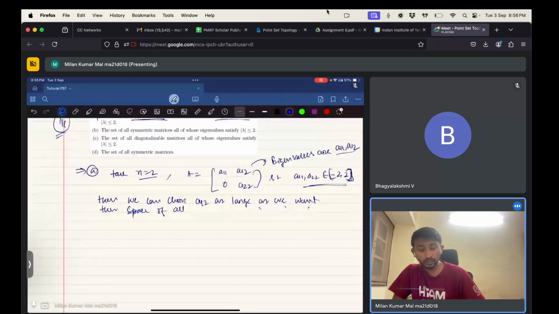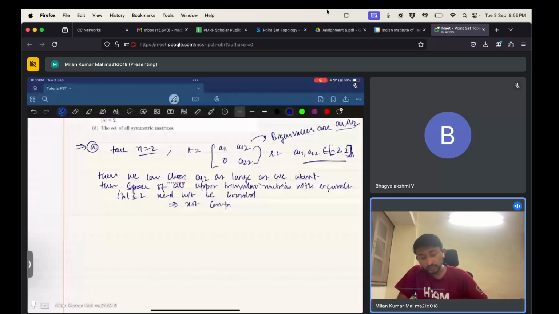Here also we have the usual topology coming from R to the power n squared. So this is not correct.